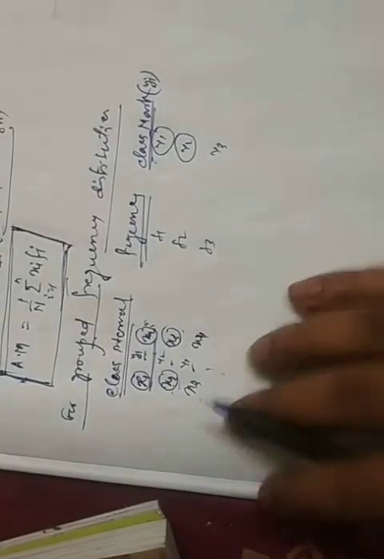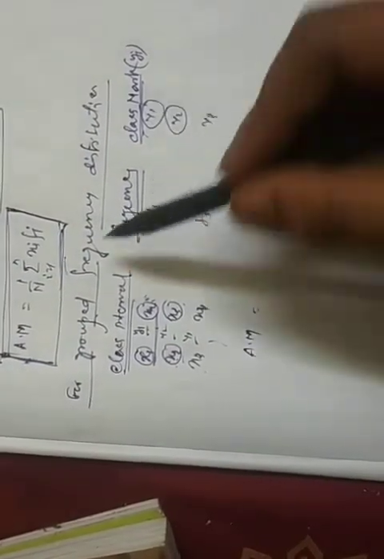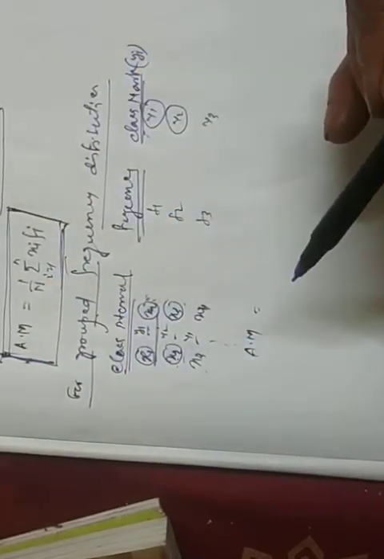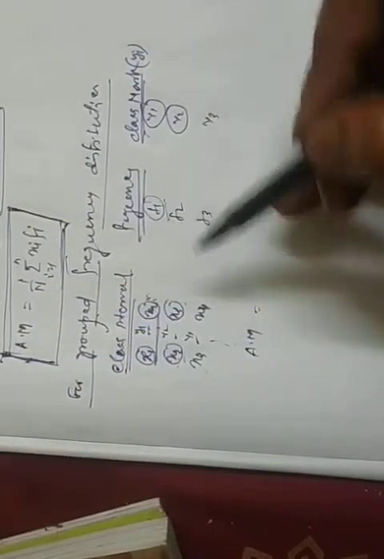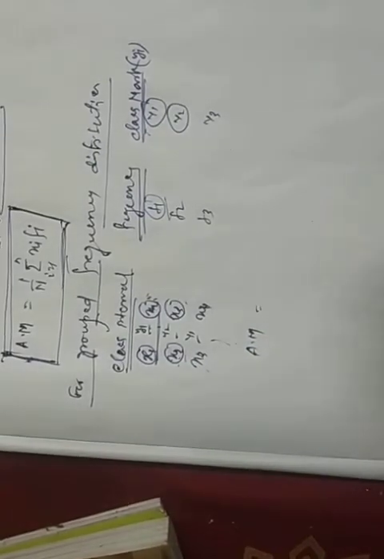So for a continuous group frequency distribution, the arithmetic mean will be taken as for the simple frequency distribution, where the frequencies are these and the values are the class marks of each interval.